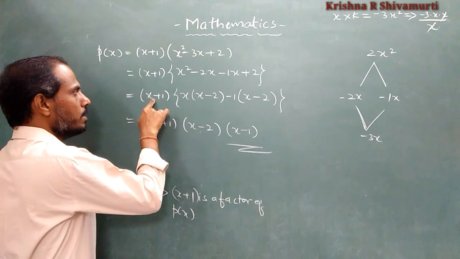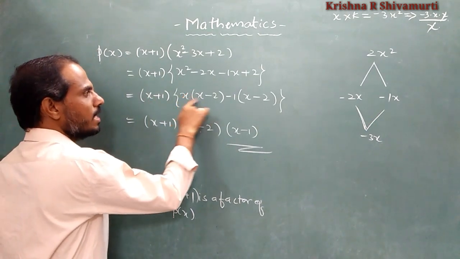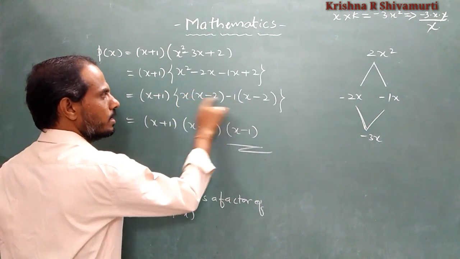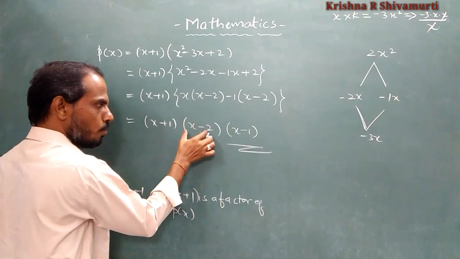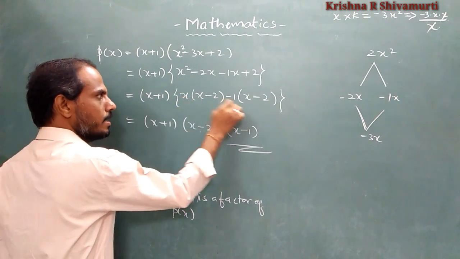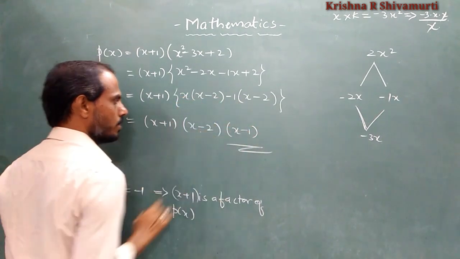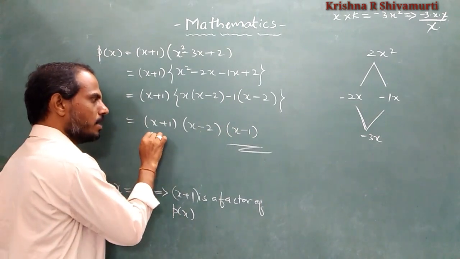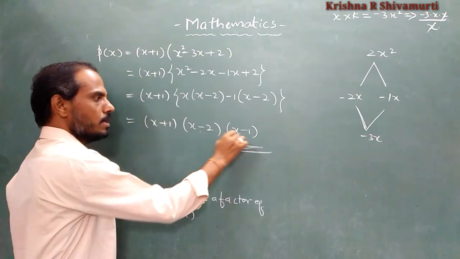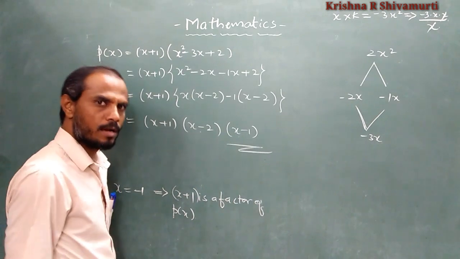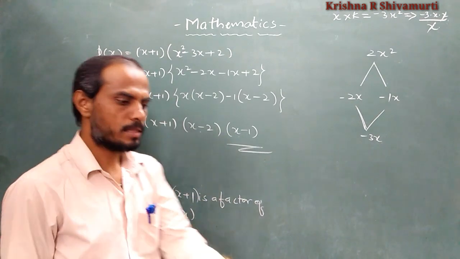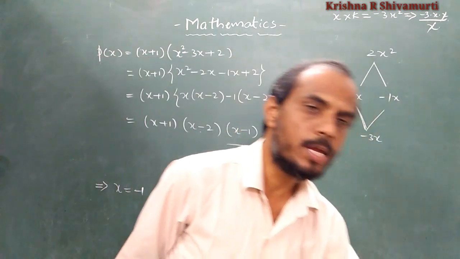Now, x plus 1. In that, what is common in both terms? x minus 2 is common, take that one. What remains here? x remains. Here minus 1. Now, x plus 1 into x minus 2 into x minus 1 are the factors of what? These are the factors of the given polynomial.